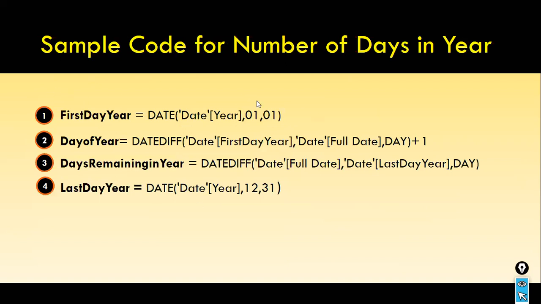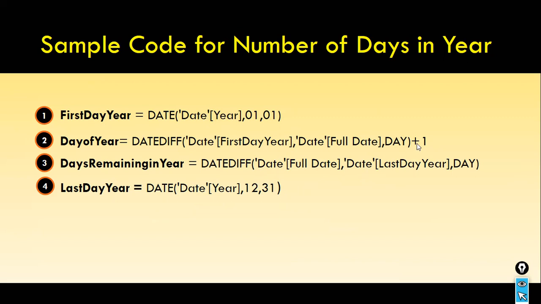So this is a sample code for the number of days in a year. A lot of date-related functions are available, with which you can do date-related manipulation. This one will give the last day of the year. If you want to find the difference between dates, you can use a day-wise difference or month-wise difference, and you can find date diff, year, day of year.